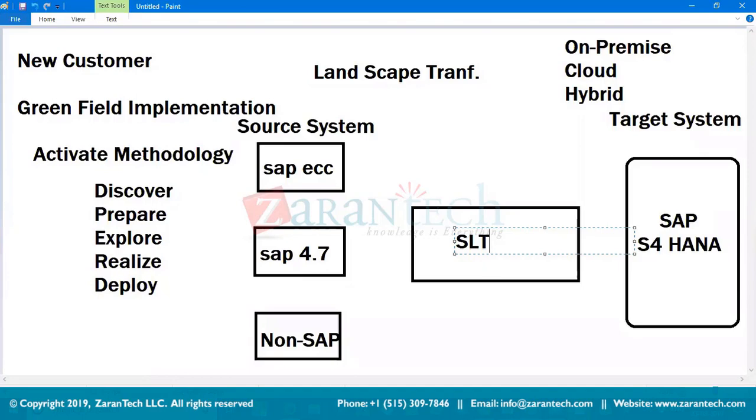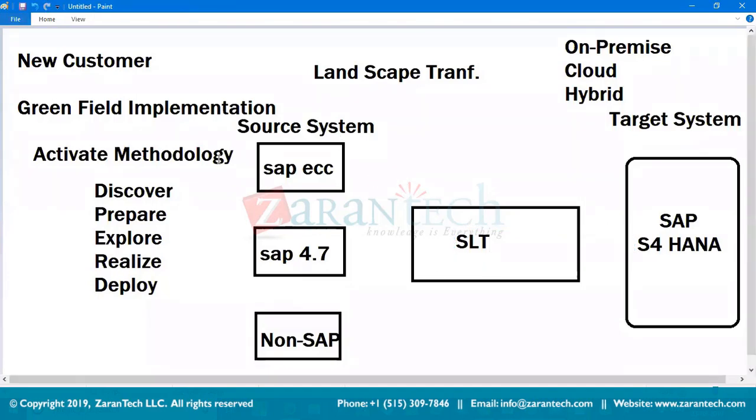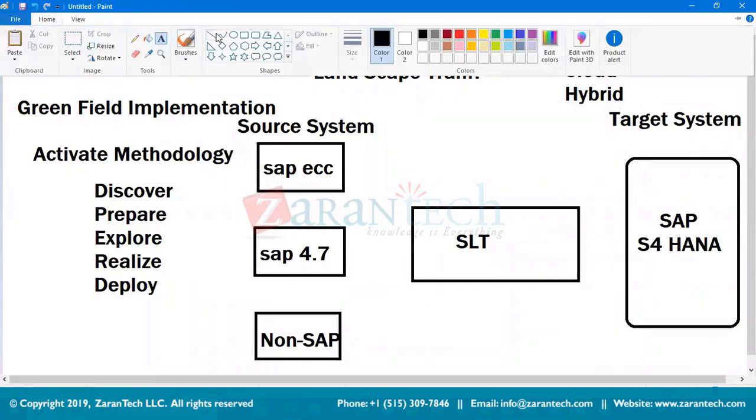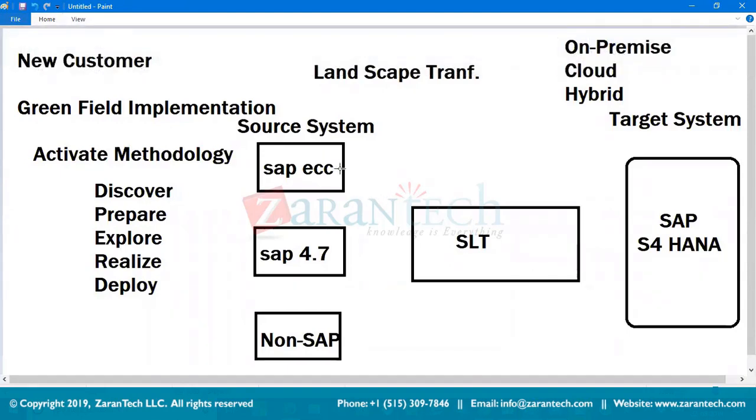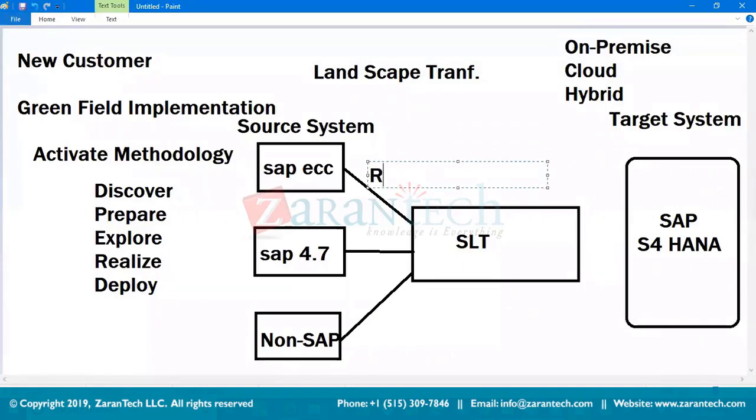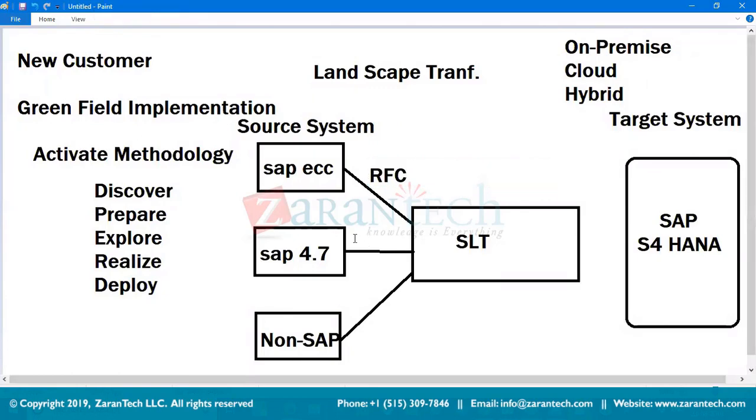We require this. Now, what I need to do is build the interfaces. I'm going to construct the interface like this: from SAP to SLT, from 4.7 to SLT, and from the non-SAP system to SLT. For these SAP servers I can directly use an RFC connection. I'll tell you what RFC is. 4.7 also I can do with RFC connectivity.